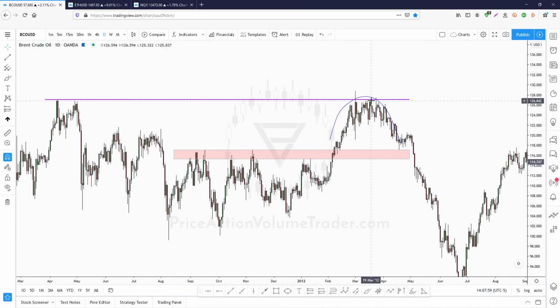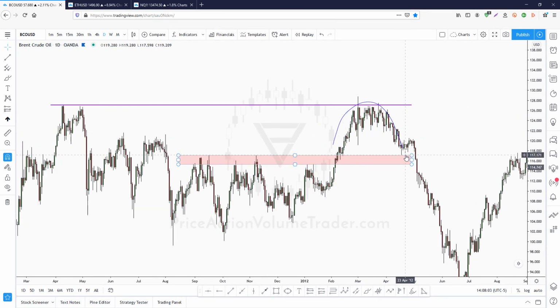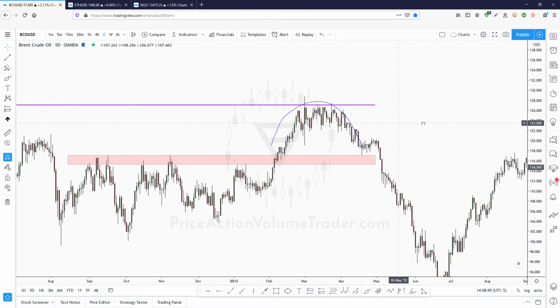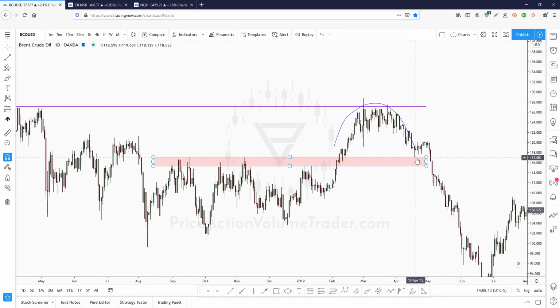And now we come back, we can see we have one very precise test that gives us a reaction, but this is similar to the other case that I showed you before. We have a small reaction up and we immediately come back down.